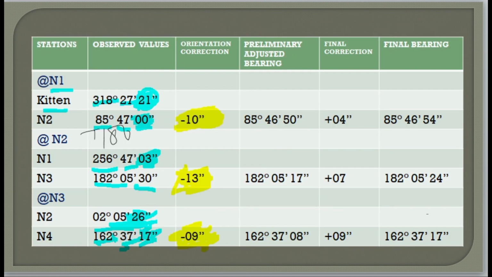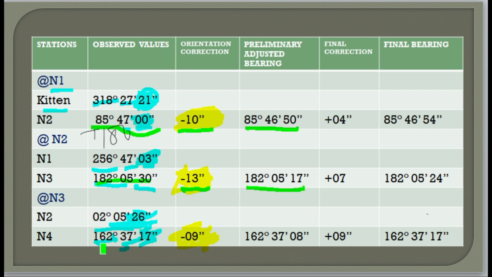And then also on the next part, for the observed value of N2 we'll add the orientation correction in order to get the preliminary adjusted bearings. Then again from N2 to N3, the observed value, we add the orientation correction and get our preliminary adjusted bearings.